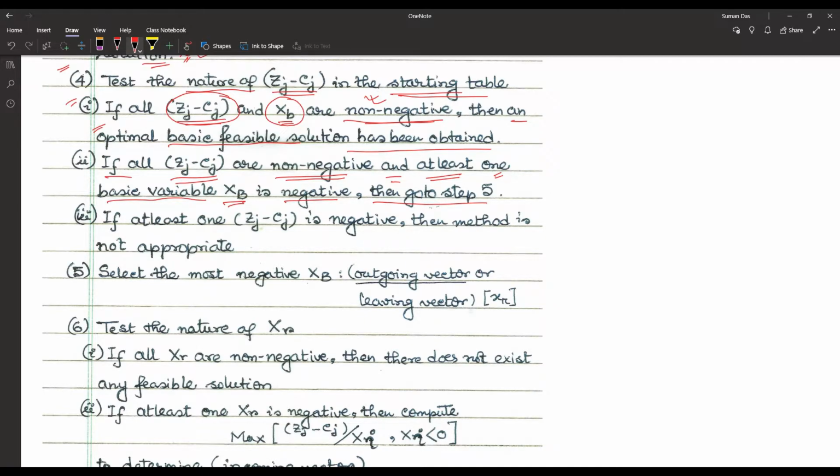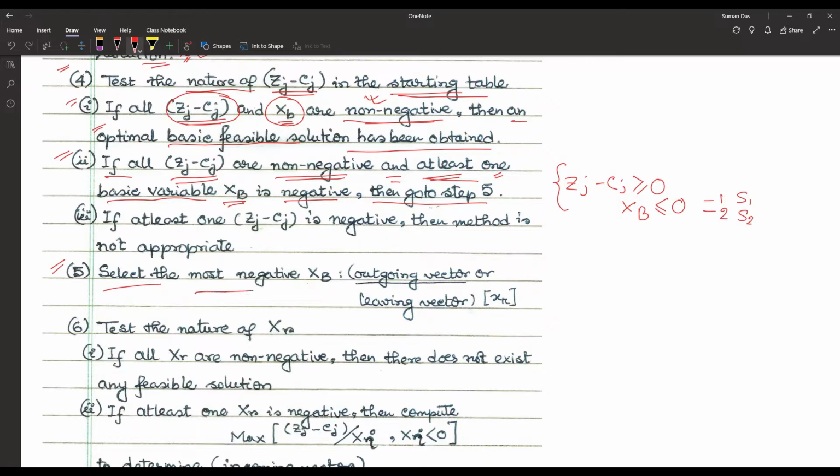In our table, all the Zj minus Cj are greater than or equal to 0, but the xb are less than 0, -1 and -2. So at least one is negative, that is our case. So we have to proceed to step 5.